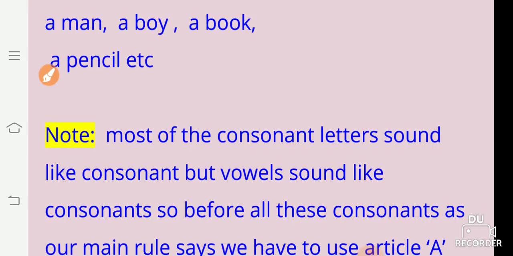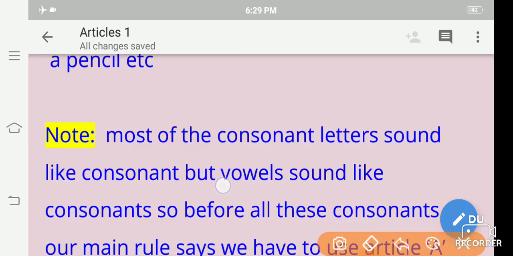Most of the consonant letters sound like consonants. There is no problem with that. But some vowels sound like consonants. It's a very important thing, so you have to underline this. Some vowels sound like consonants. When they sound like consonants, we have to use article a.